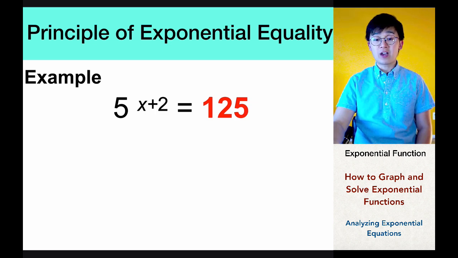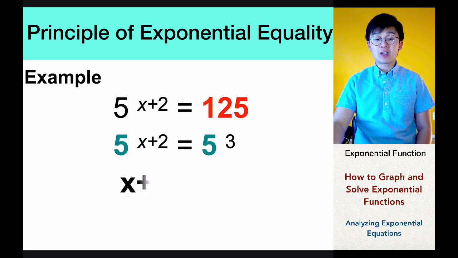Kasi ang 125 ay perfect cube, so pwede natin siyang i-modify into 5 raised to the third power para magkaroon tayo ng identical value ng a. And when that happens, alam natin na yung ating value ng a or yung ating index ay pwede natin i-cancel, leaving us with x plus 2 is equal to 3. So, since meron na lang tayong linear function, by solving for x, we'll have x equal to 1.